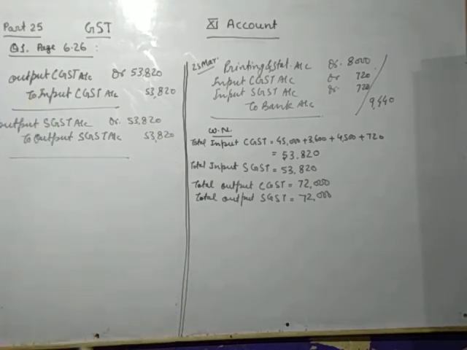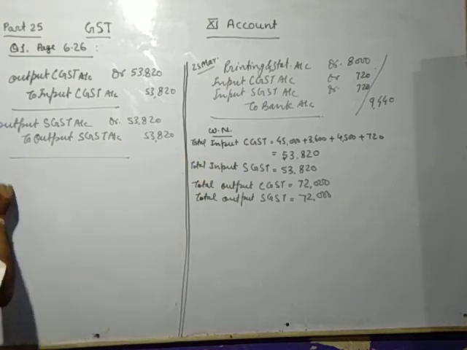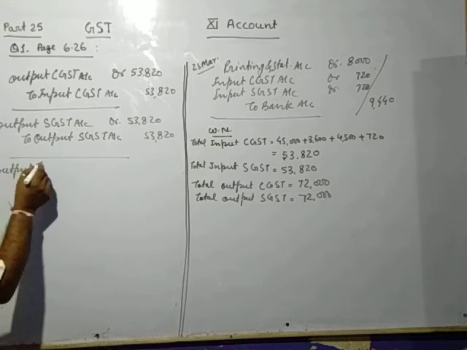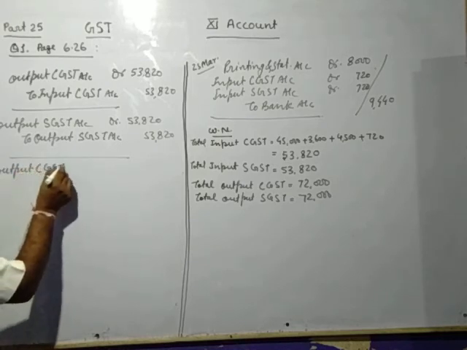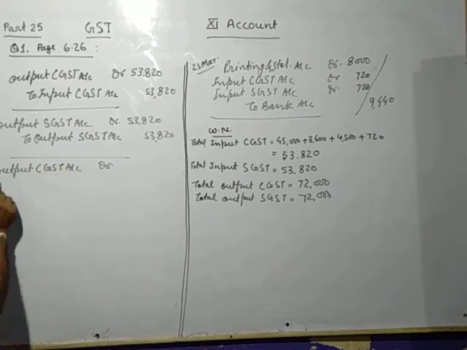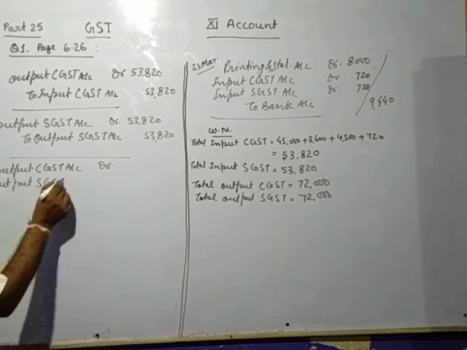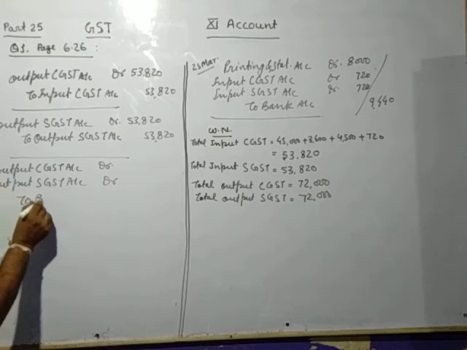Now balance amount you will pay to the government. So output CGST account debit, output SGST account debit to bank account.